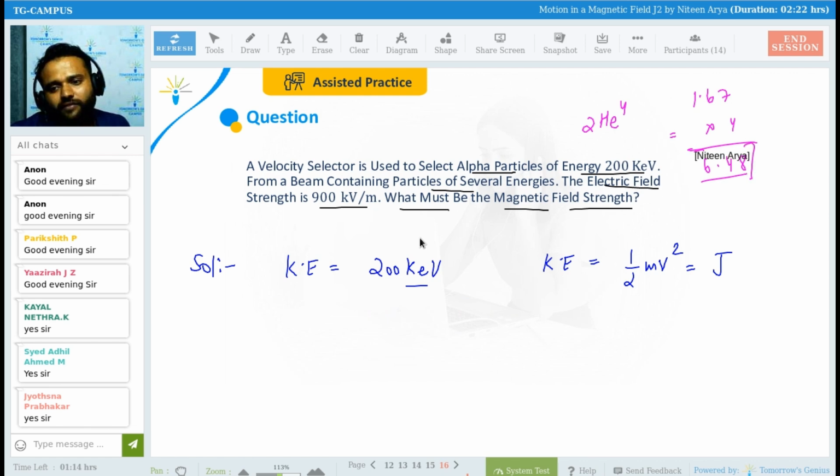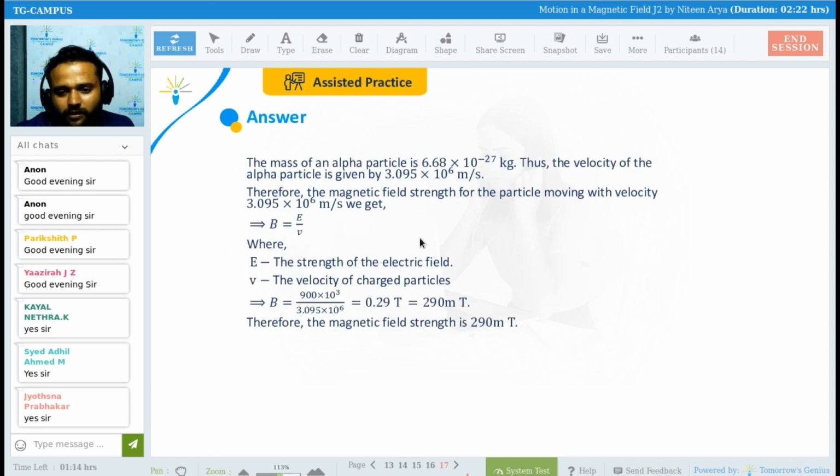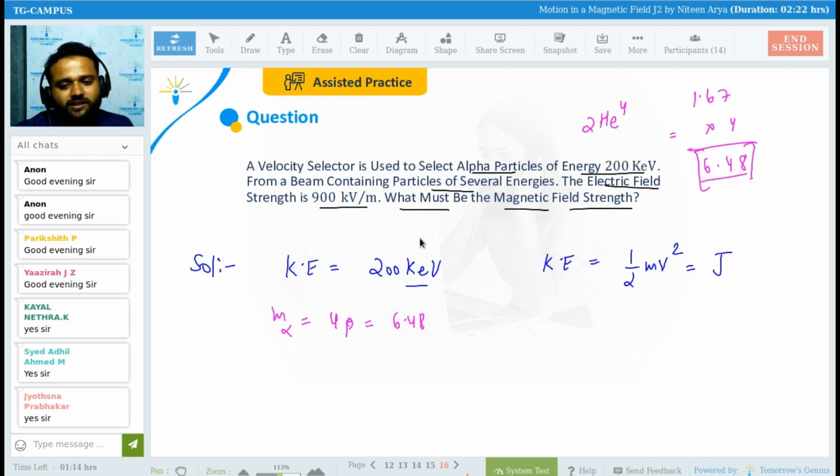So mass of alpha particle is 6 point, okay, 4 protons, that is 6.68. Yeah, 6.68.